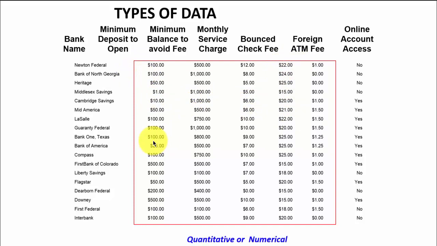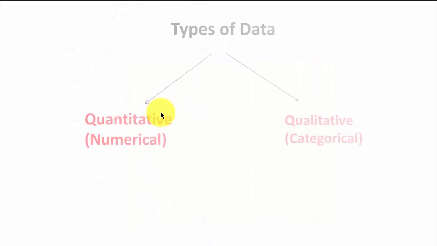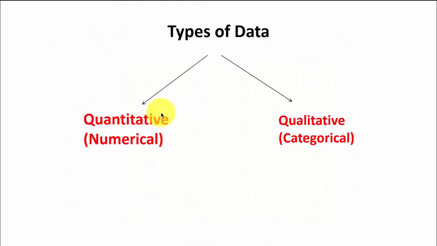We call this type of data quantitative data or numerical data, and this data differs from the categorical data that you see on the two sides. So in a larger classification of data, I would say that there are two types of data. One is quantitative, numerical, these are the dollar figures, and the other one is qualitative or categorical, that's the names of the banks, or are you happy with your coffee? Yes, no, maybe.